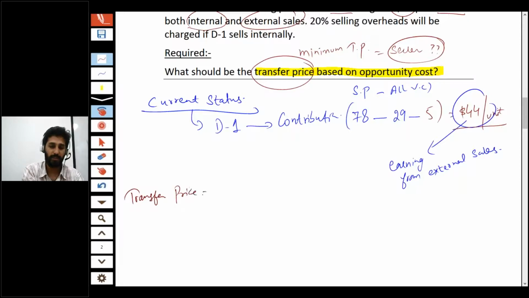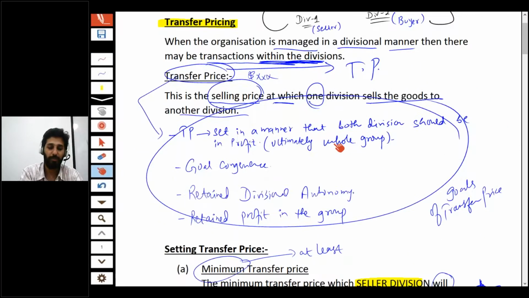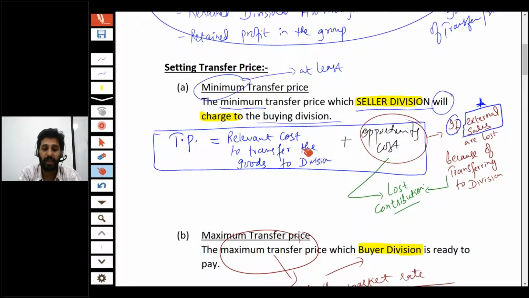What is the transfer price? That is minimum. I mean, at least what should be the transfer price? You know, I had written the formula in the above page. The relevant cost for transfer and the opportunity cost, which is the loss contribution.